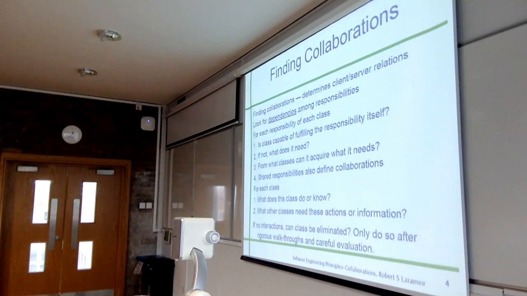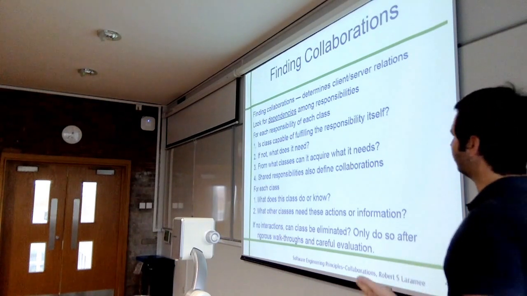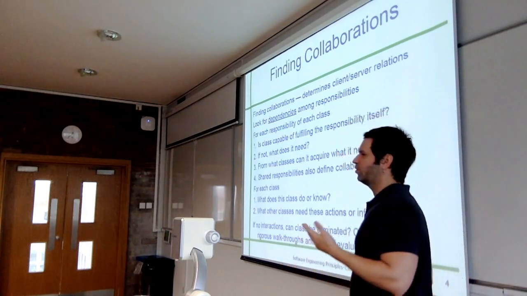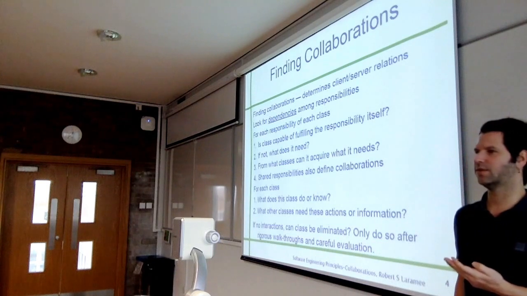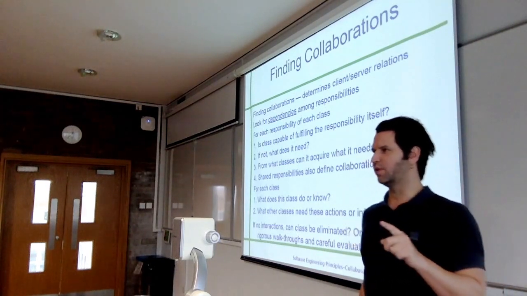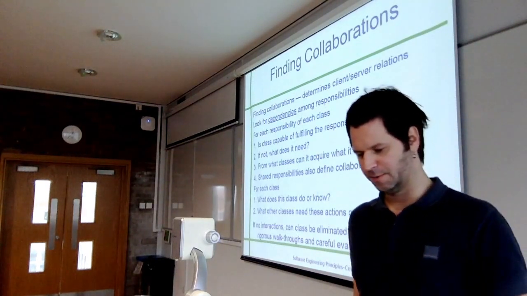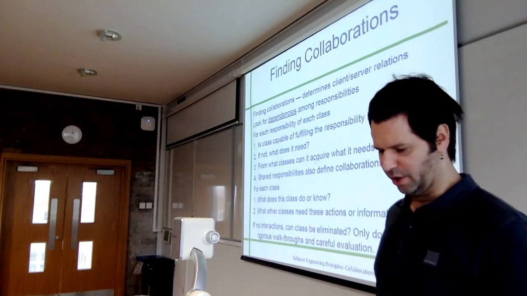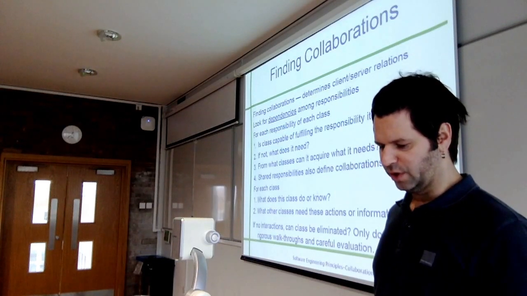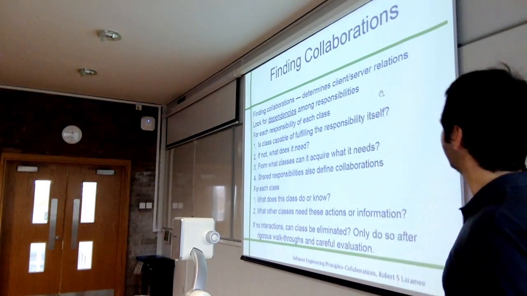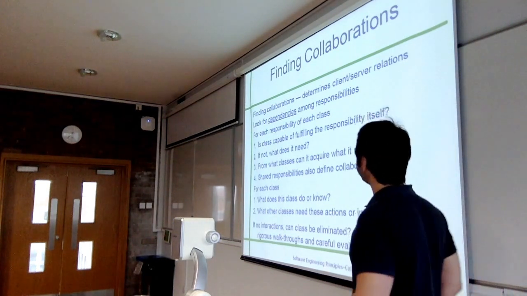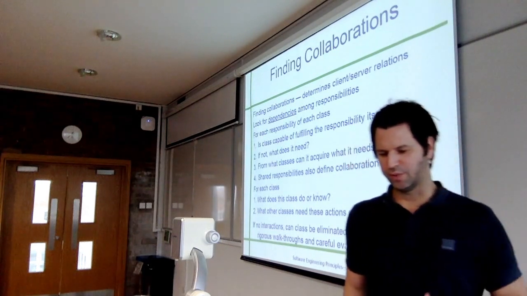So we know how to find objects, we know how to find responsibilities. Now we're going to try to find collaborations, patterns of communication between the objects. Finding collaborations, we look for client-server relationships or dependencies among responsibilities. So we go through this process.